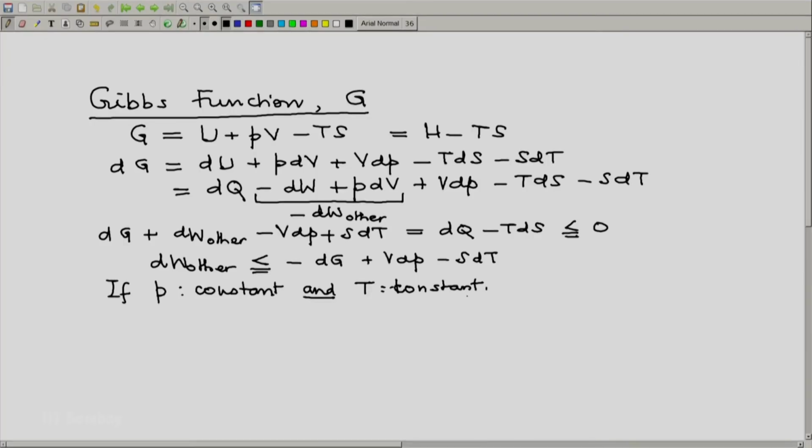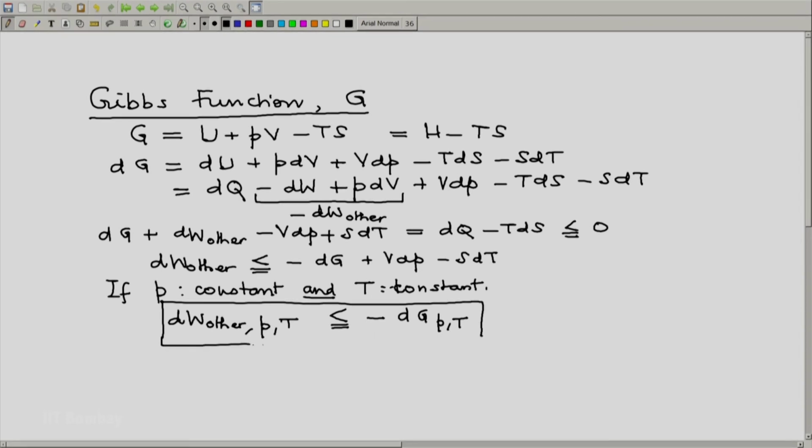So under constraints of constant pressure and constant temperature, we end up with dW other under conditions of constant pressure and constant temperature being less than or equal to minus dG under the same conditions, constant pressure and constant temperature.